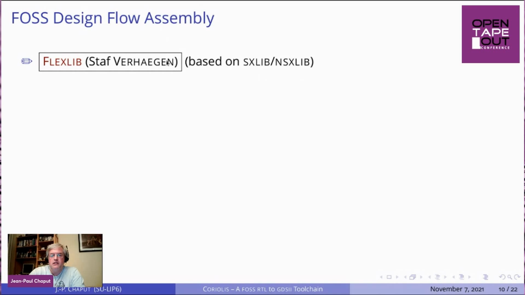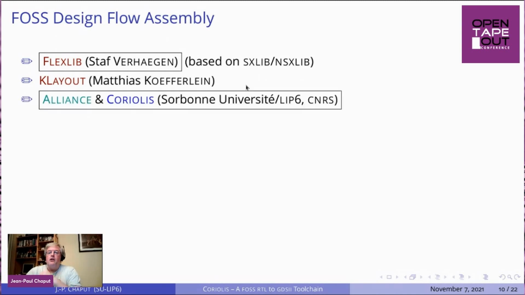So these are our standard cells. Then we use KLayout to adjust them or perform some operations. We use Alliance and Coriolis to perform the place and route and some validation steps. Alliance can still be used for validation. Coriolis is the replacement for the place and route.